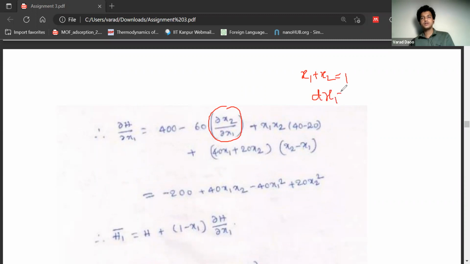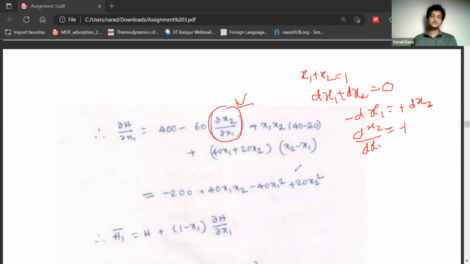This is dX1 plus dX2 equal to 0, and then dX1 is equal to minus dX2, or dX2 is equal to minus dX1, and then dX2 by dX1 is nothing but minus 1. So this is also one of the ways of doing things. It depends on the problem and how you have been given it.